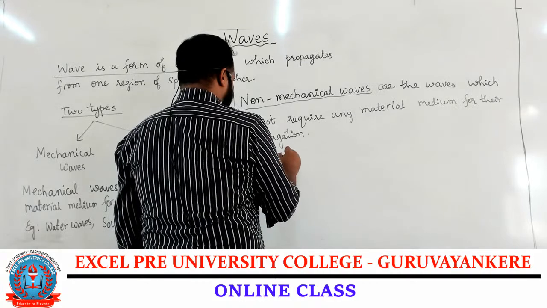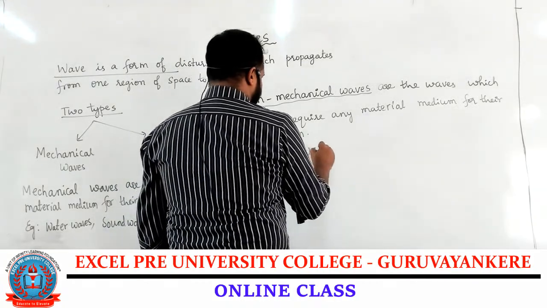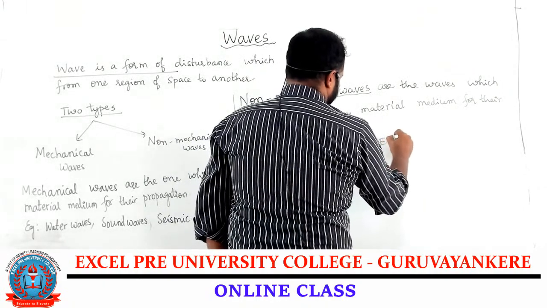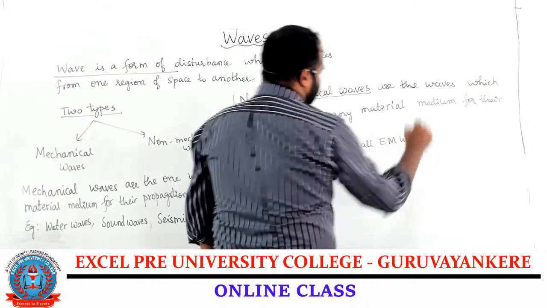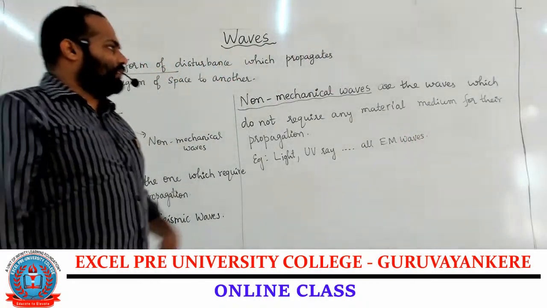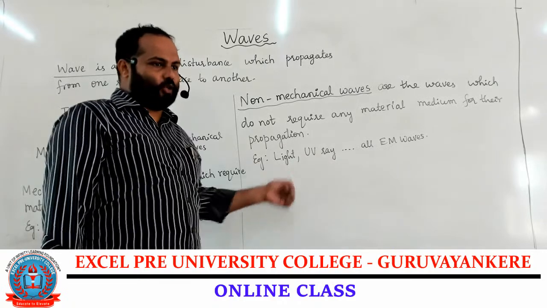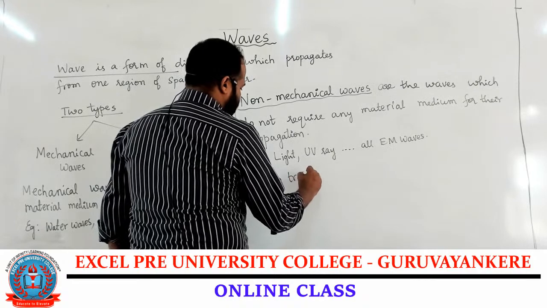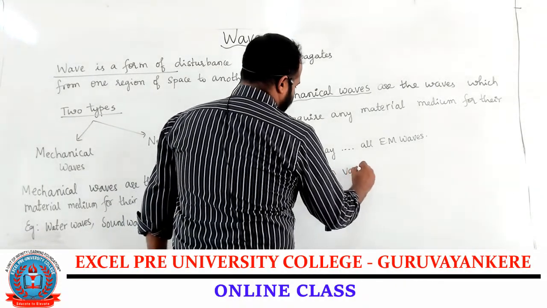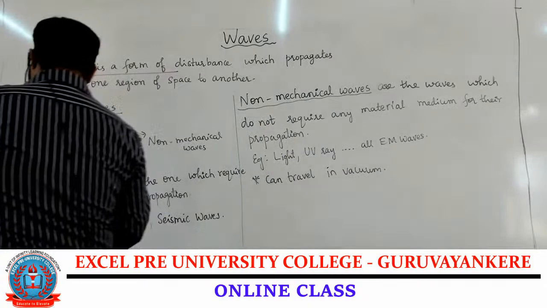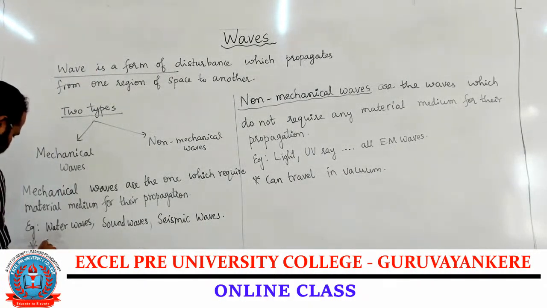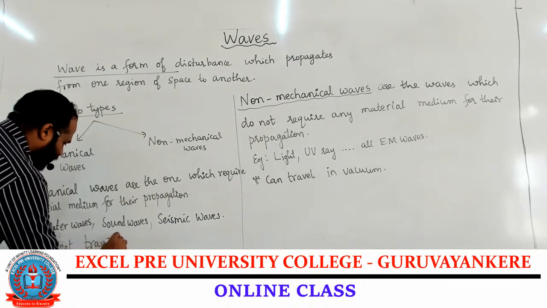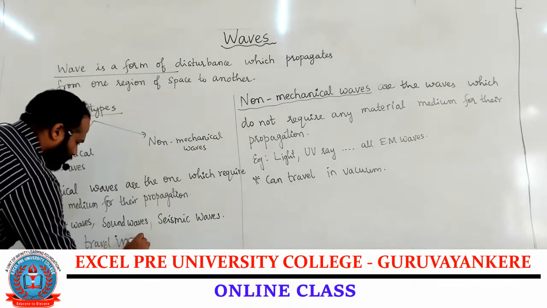Example, light, ultraviolet rays, all electromagnetic waves. EM waves are electromagnetic waves. So all these electromagnetic waves, they can travel in vacuum. These non-mechanical waves can travel in vacuum also. Whereas mechanical waves, they cannot travel in free space or vacuum.